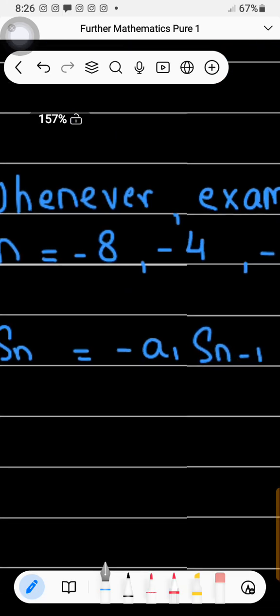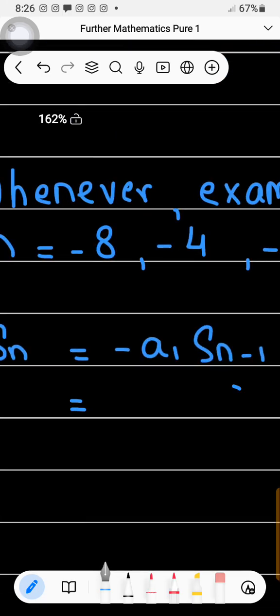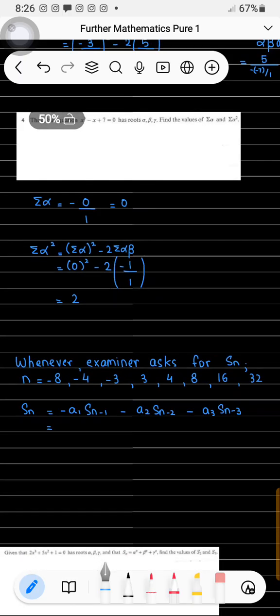The question is, what is a1, what is a2, and what is a3?